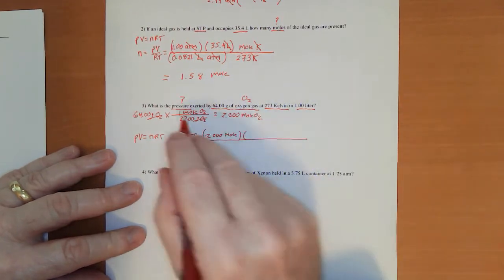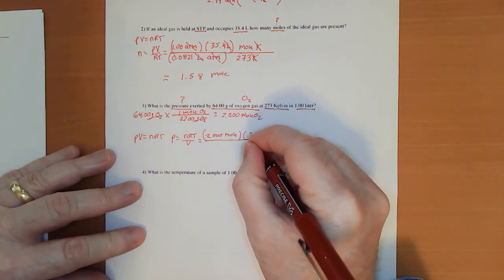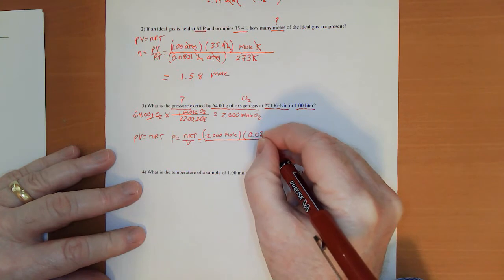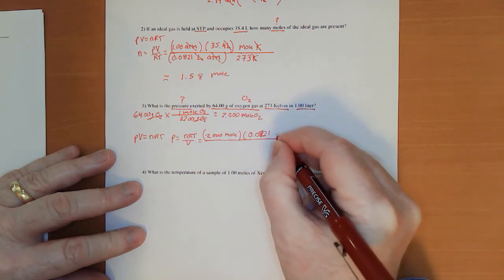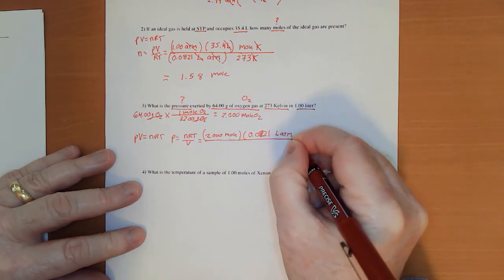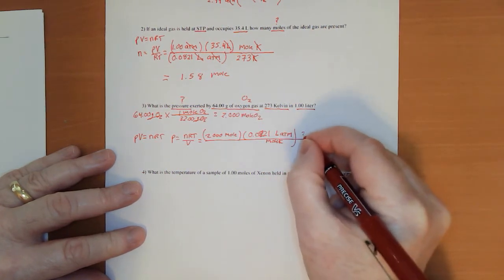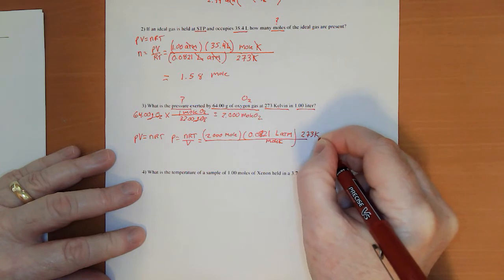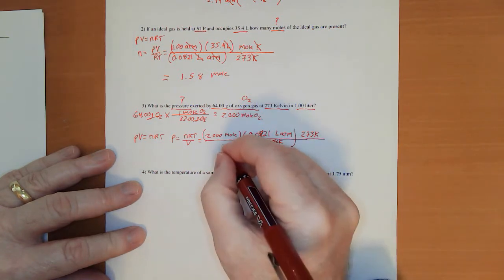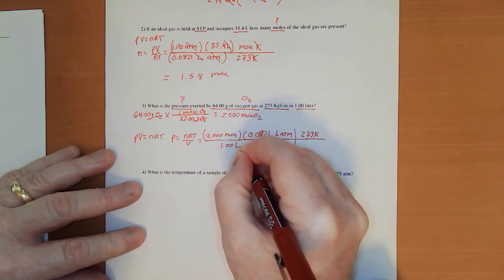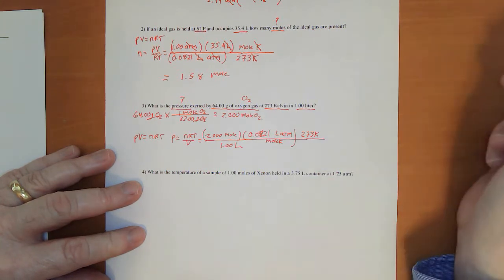R. Now, I'm looking for pressure, so I can choose to use atmospheres. 0.0821 liter atmosphere per mole K, 273 Kelvin, and 1.00 liters. All right.